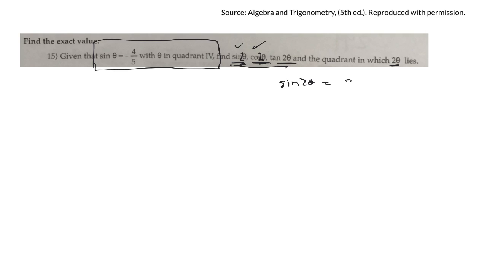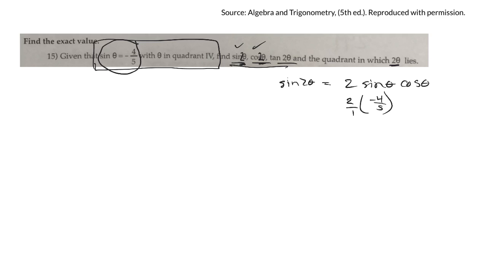The identity that controls that is 2 sine theta cos theta. And in the question, they tell me what sine theta is. So wherever it says sine theta there, I can just plug in that number, -4/5. And I have a 2 out front. And then cos theta, I don't know that one.